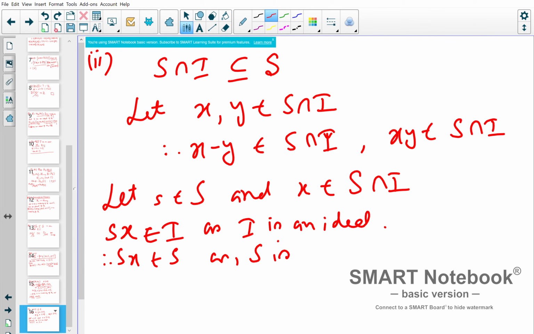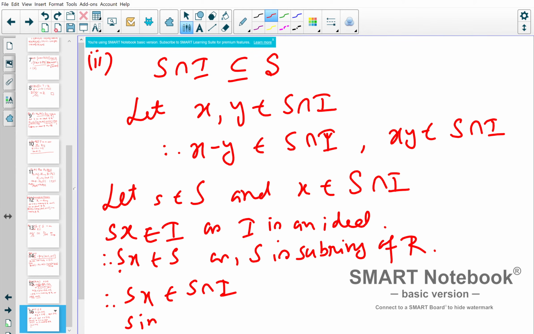So it is closed under the product: you choose an element of S, this is an element of S, so the product will be an element of S, right? It's a subring. Thus sx is an element of S intersection I, and similarly x times s is also an element of S intersection I, right?